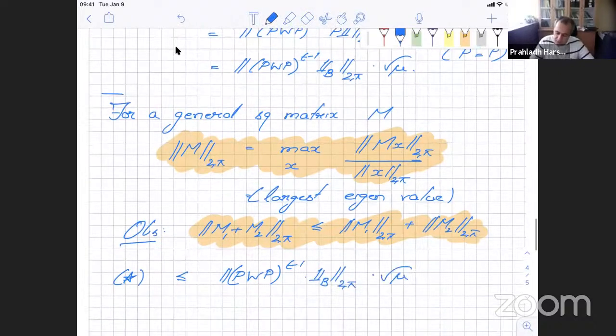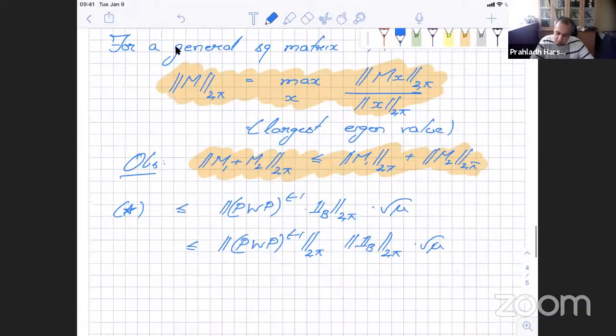By the definition, I can write it as the norm of PWP to the t minus 1, times the norm of 1_B, times root mu. The norm of a matrix power is at most the matrix norm raised to that power. That's easy to see by the definition. So this is just the norm of PWP to the t minus 1, times mu, which we already calculated.